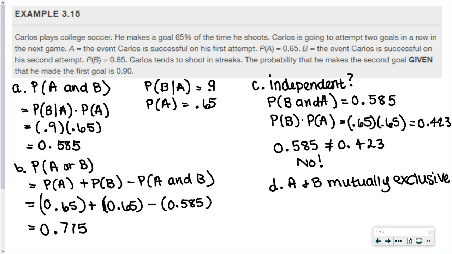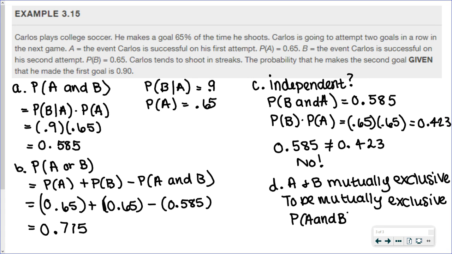So to be mutually exclusive, we have that probability of A and B happening has to be equal to 0. Now, because we have probability of A and B is 0.585, we know that this is not equal to 0, so no, these are not mutually exclusive. They do share a common area, and that common area is 0.585.